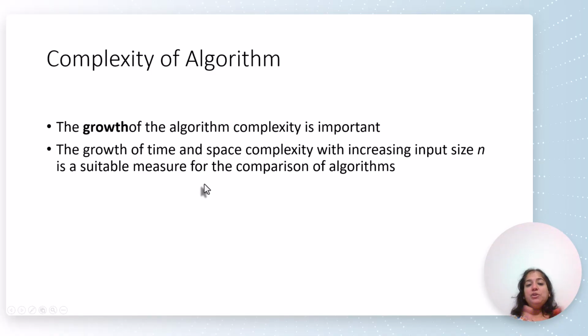That means if we need to compare two algorithms, we check how the algorithm's behavior changes in terms of time and space as the input size changes. That is a key area in how we compare our algorithms, which one is more efficient, which one is the best.